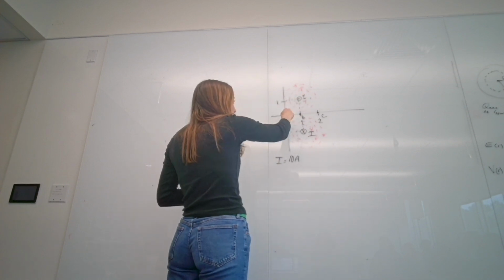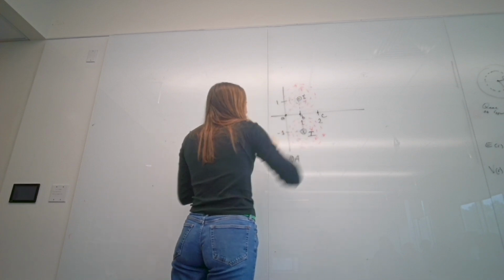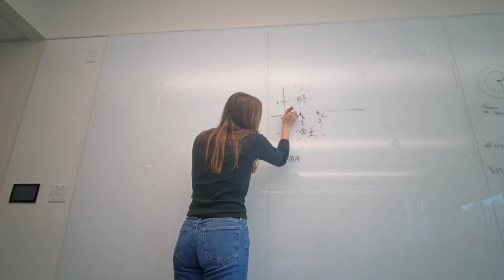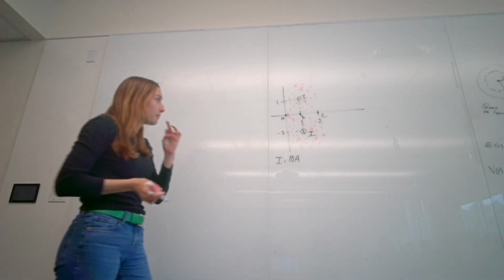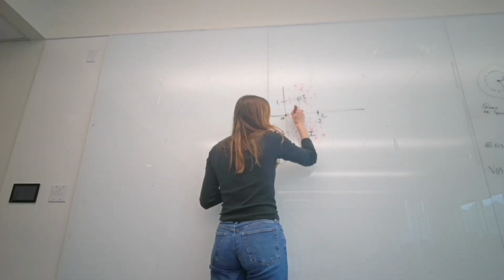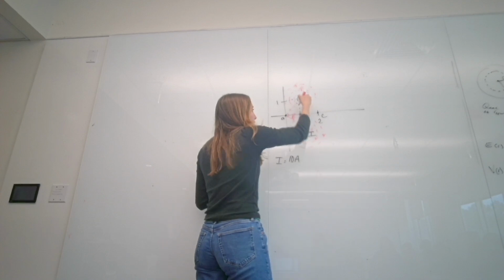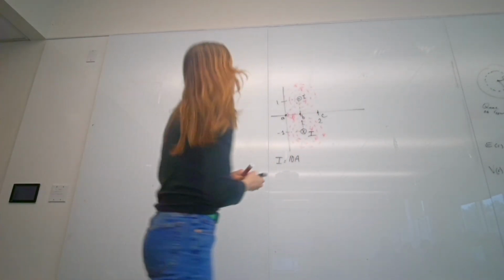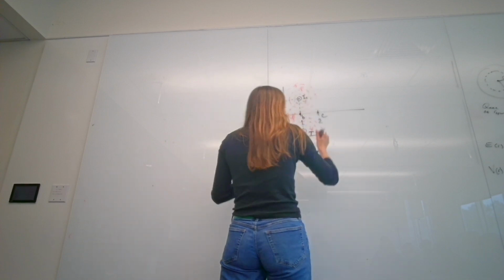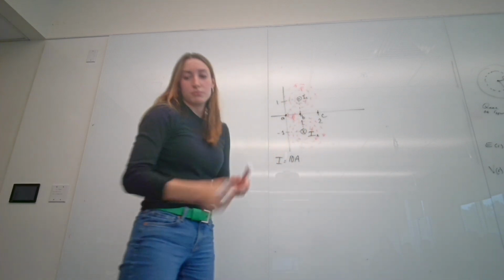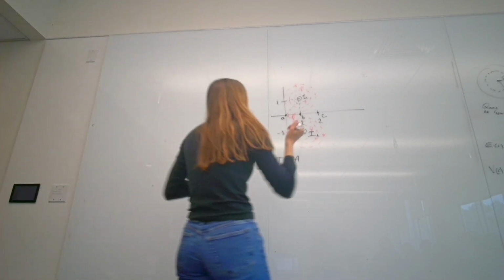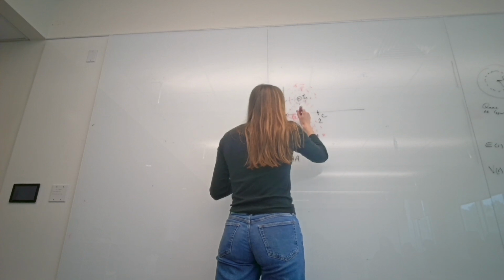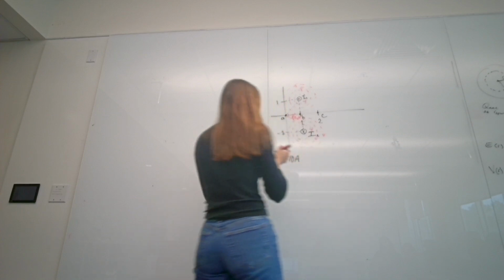So if I had to draw the B field at this point due to this wire, it's a line perpendicular to the radial distance between them. That's my B field due to this first wire, which I'm going to call I1 and I2, even though they're the same, we'll plug that in afterwards. So this is B due to I1 on A.